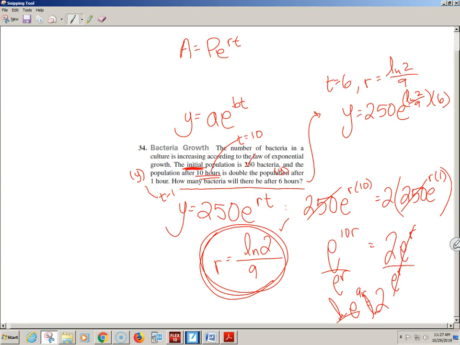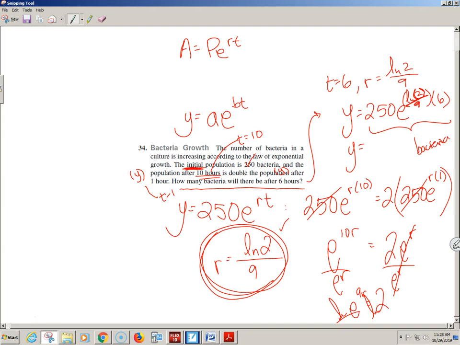Careful, there's a lot of stuff up here in your exponent. If I were you, I would just, especially in word problems, just plug it in, get your decimal. That's totally fine. So you would get y is equal to, throw that into your calculator. Be careful, it's only ln of 2. It's only ln of 2, all of that divided by 9. And you're going to get your number of bacteria that you guys got.